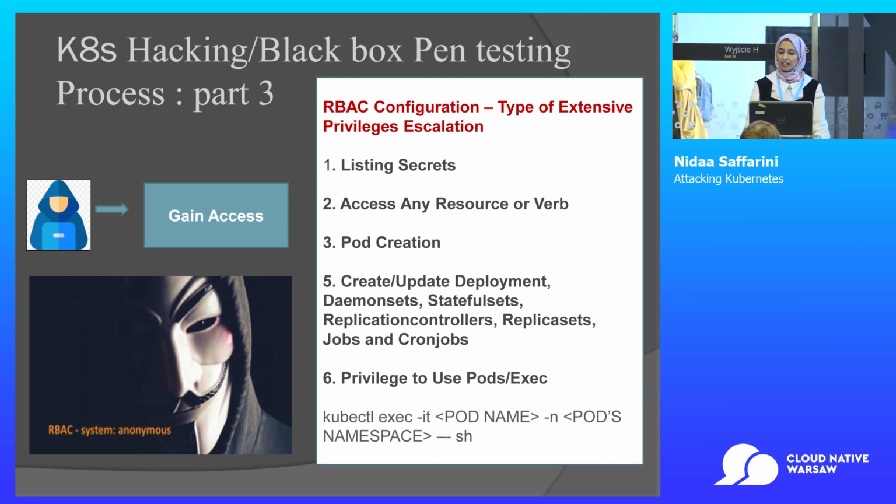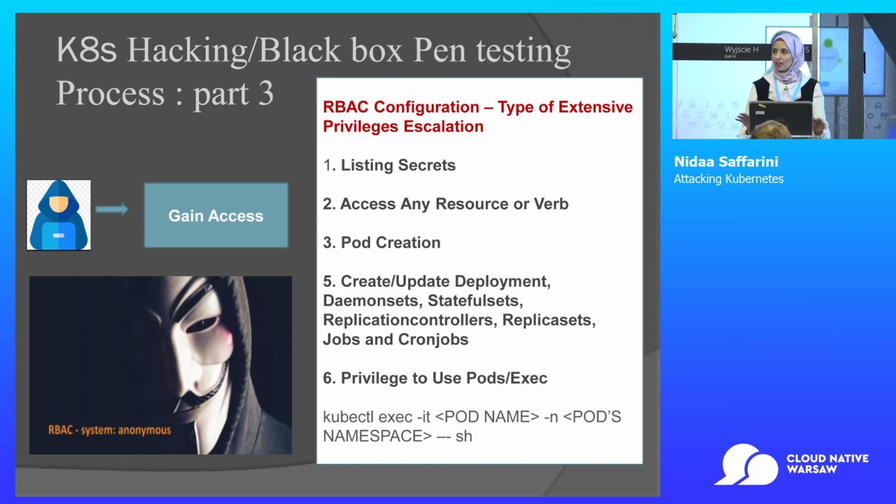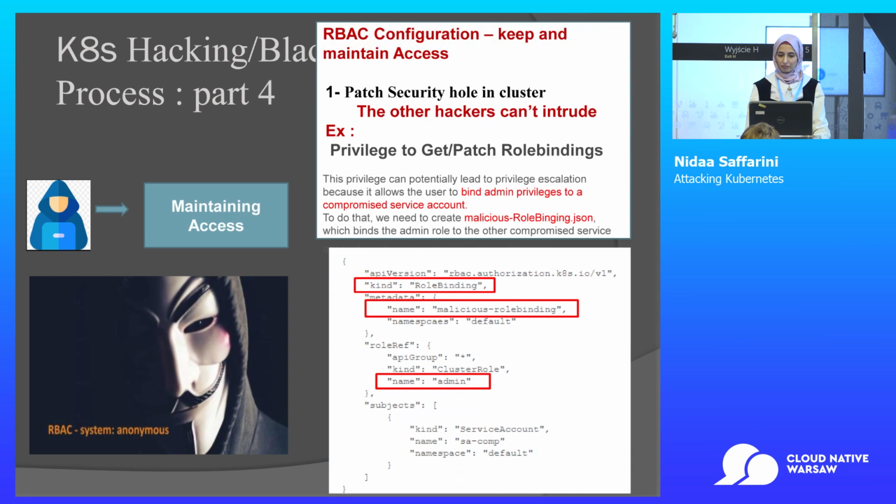And if I gain access for pod creation, it will be great. So I can create a malicious pod to control other pods, manipulate deployments, or escalate privilege or execute commands inside a pod. It's, let me say, a very powerful privilege that I can get inside Kubernetes.